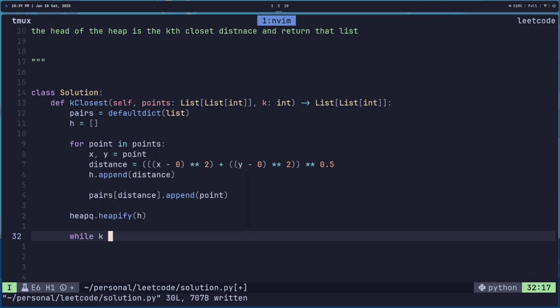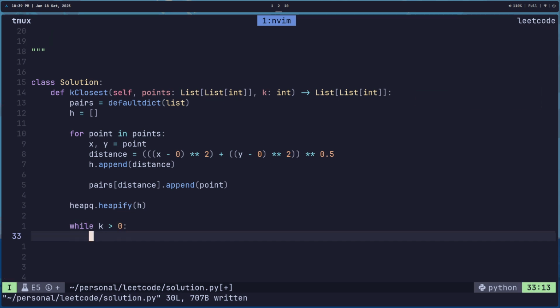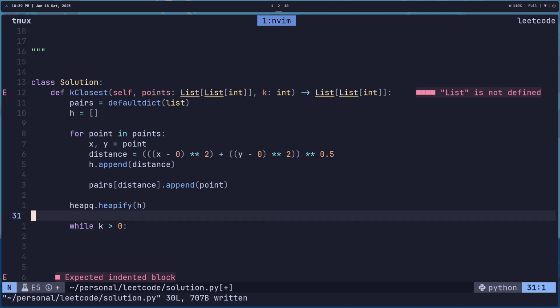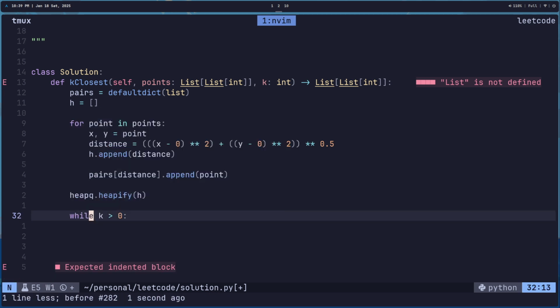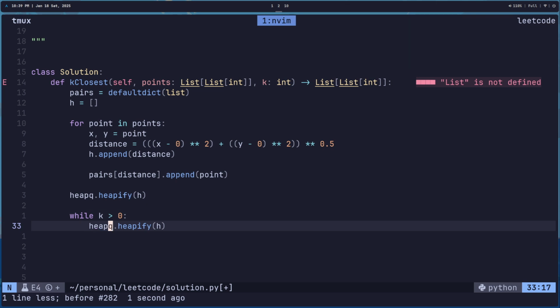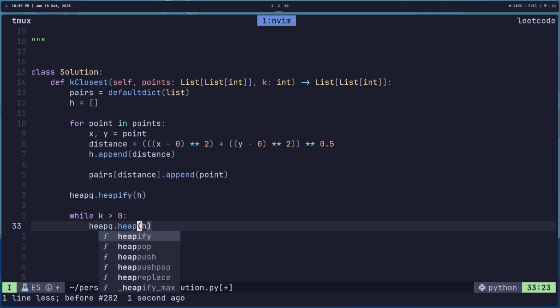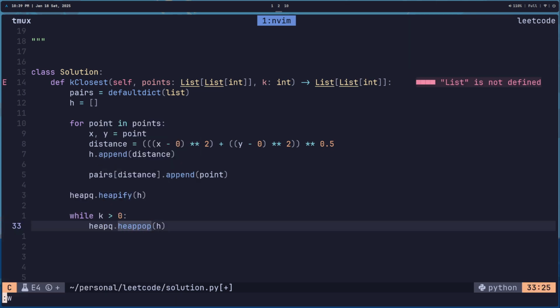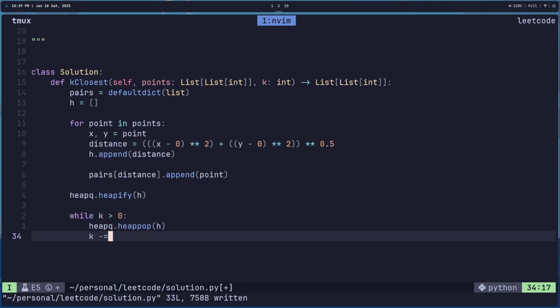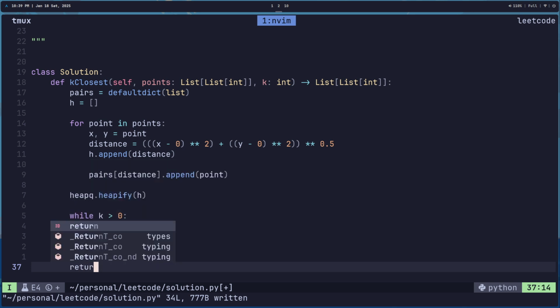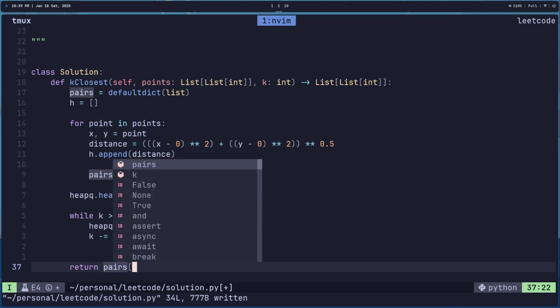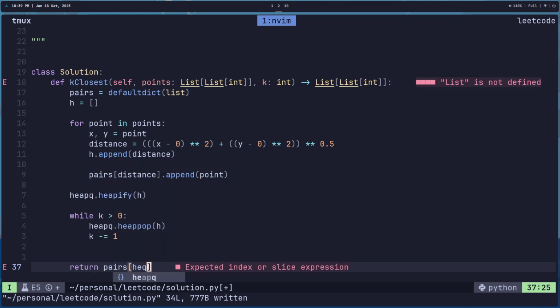And then while k, let's do this one here. Here we can say heap pop k times, k down, and then the head of it, return the pairs at heap.